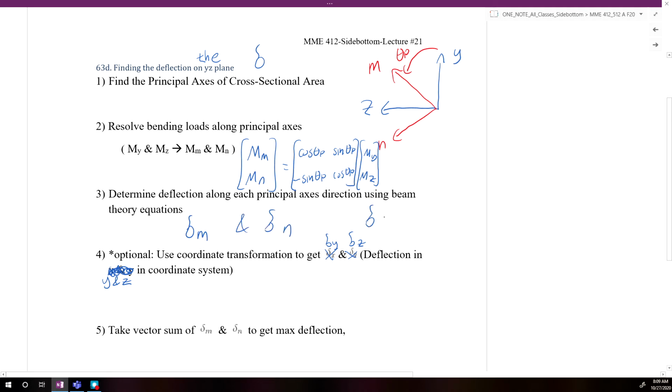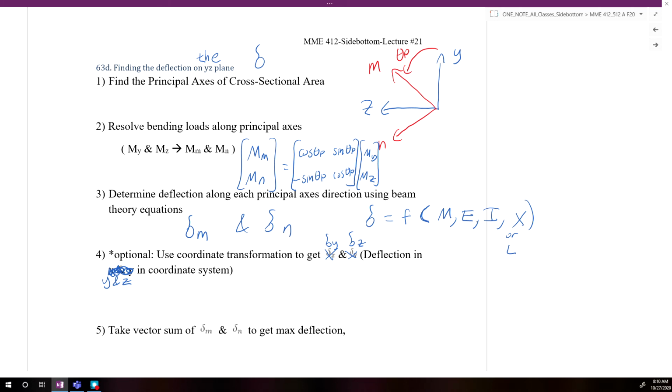Typically, a textbook will give you delta as a function of the moment, the modulus of elasticity, the I, and the location or length along the beam, x, for a specific geometry and loading condition. That gives you an equation for delta, so you plug in the corresponding moments of inertia, elastic moduli, and I for the correct axes to determine your equation.